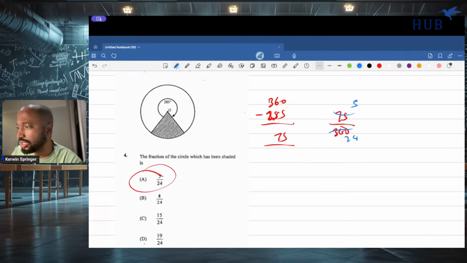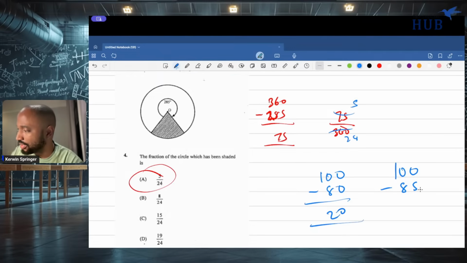85 over 360. Hold on, eh? How much is 100 minus 85? Stop. How much is 100 minus 80? 100 minus 80 is 20. So if I increase it by 5, 100 minus 85 is now 15.